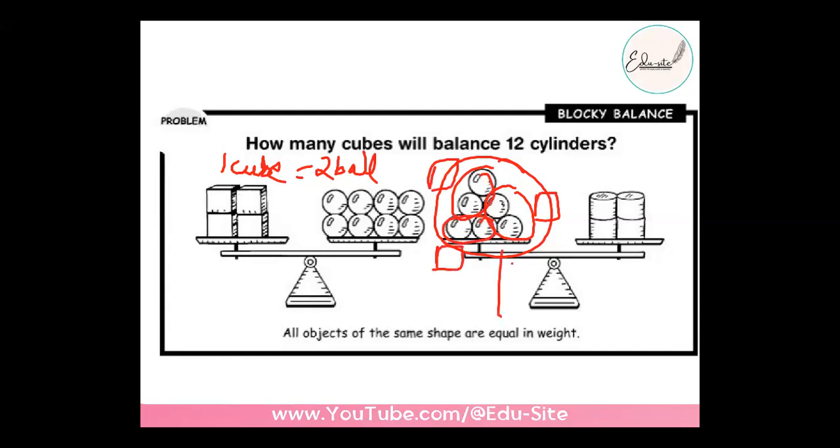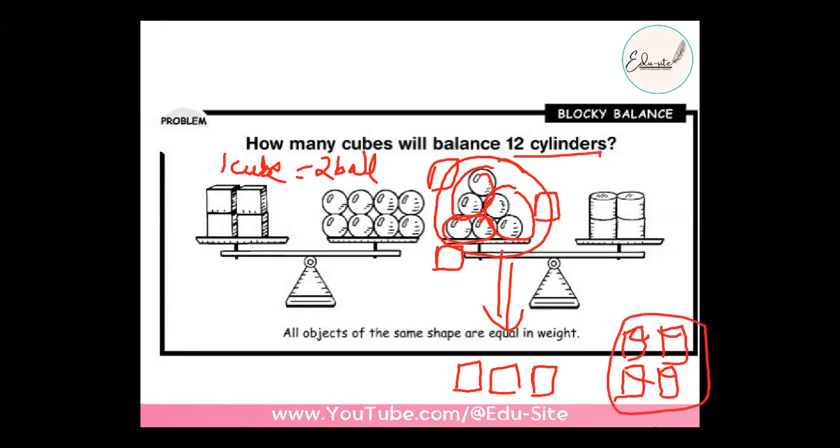So we have three cubes now, three cubes for four cylinders. Fine? But we need 12 cylinders. So how many sets do we need? 4 into 3. We are going to multiply both of them. 3 into 3 is 9.